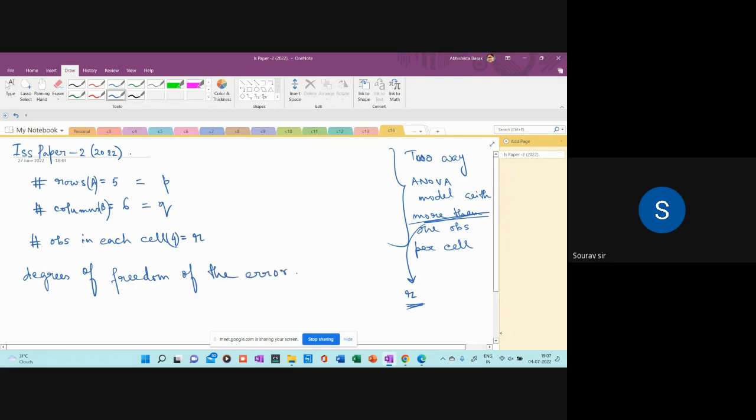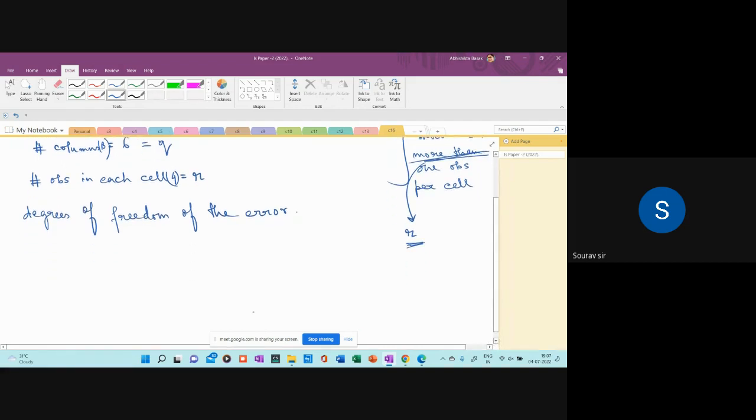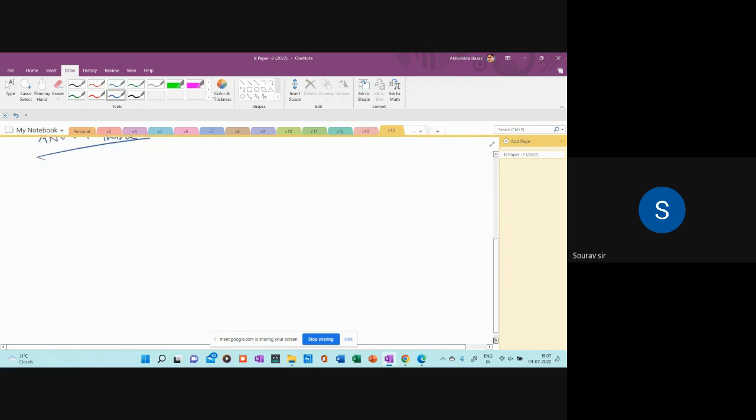You need to remember a few things over here which they have not asked, since I am discussing this. I am actually going through the whole table. For this kind of Anova table, it will look like this.